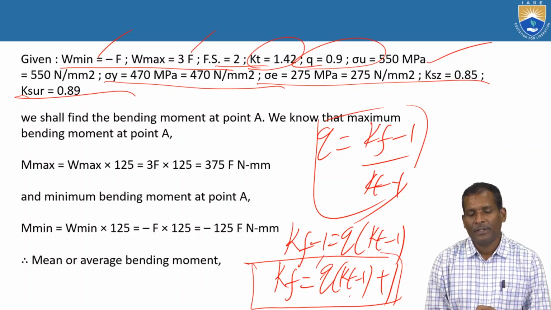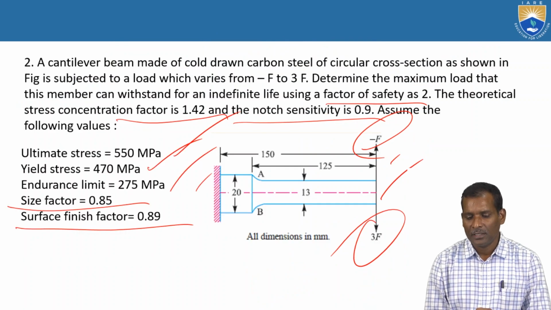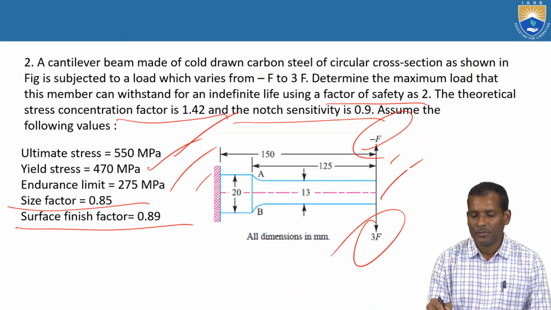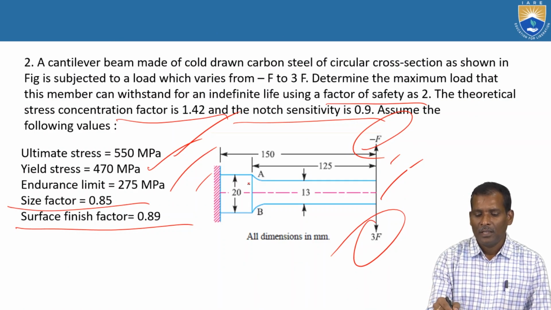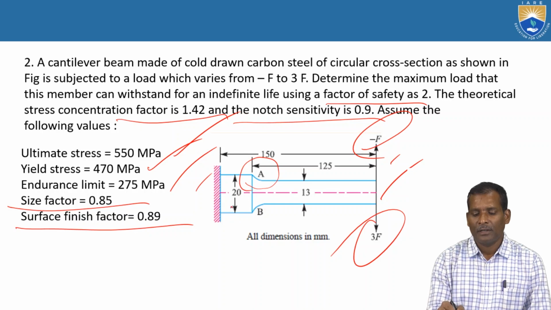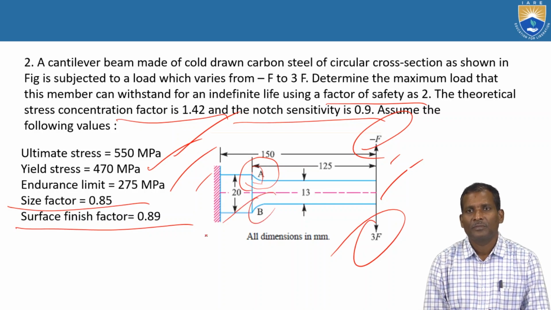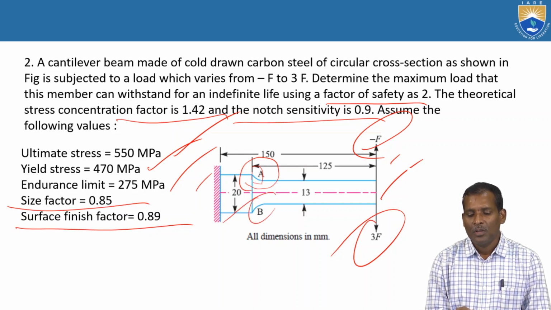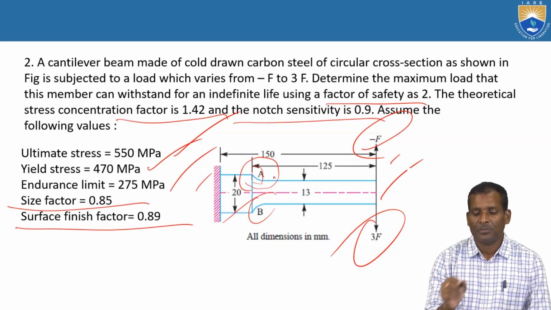And then find the bending moment. Here, see in this given figure, the cross section changes from uniform cross section here to somewhat curved here. So more stress concentration will occur at this point.